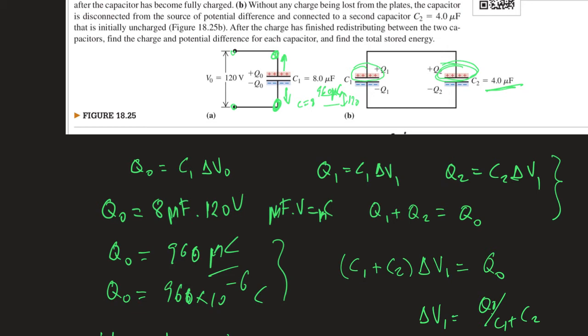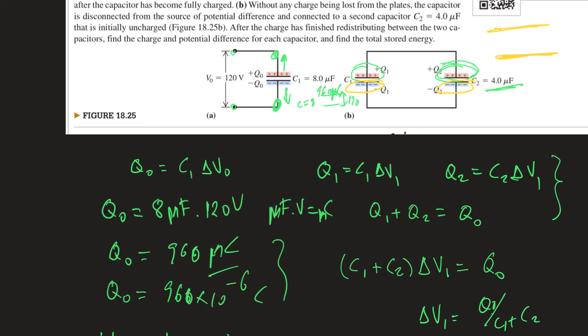So you connect, for example, the negative surface with the surface of the other capacitor to make one single surface. So you create a new capacitor, and the charge will be distributed here.